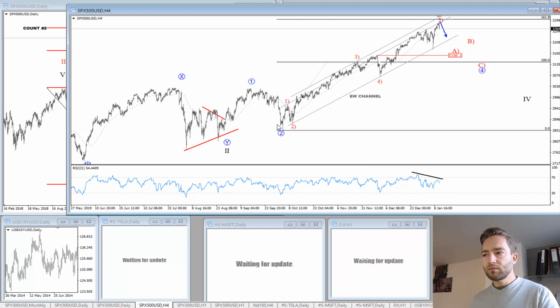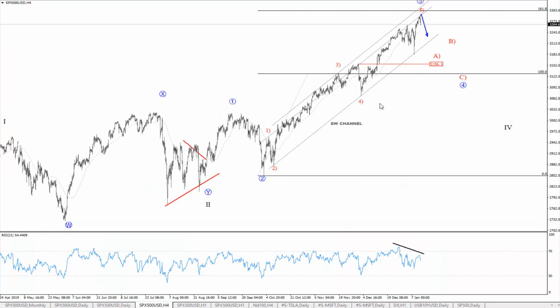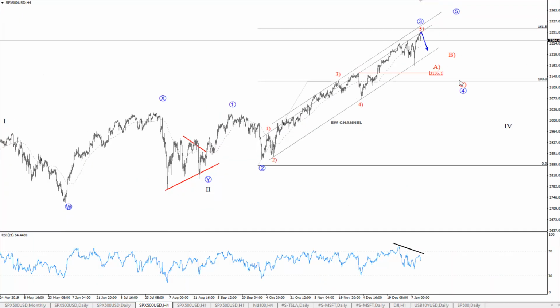Now here is my first interpretation: that this was wave 3 from that low. Wave 3 is made of 5 subwaves, and probably the most important thing, from a technical point of view, is that I'm looking at this Elliott wave channel.